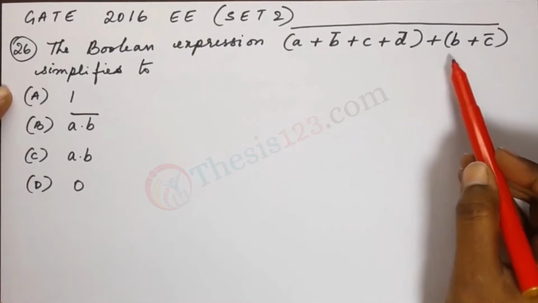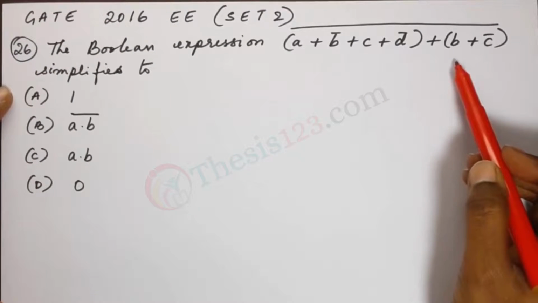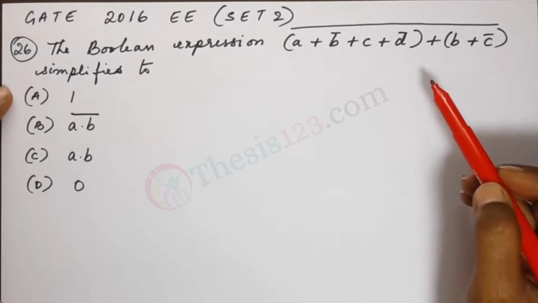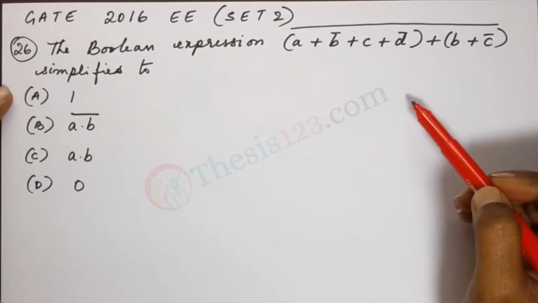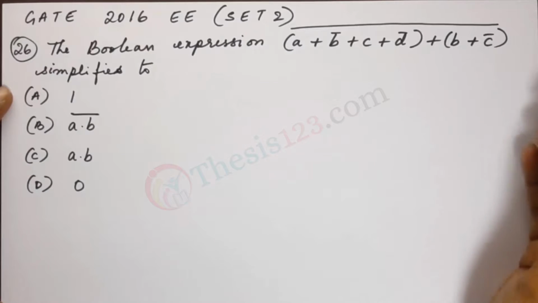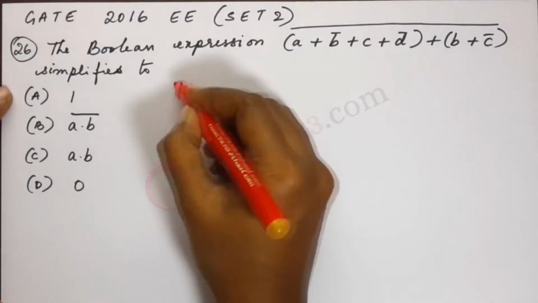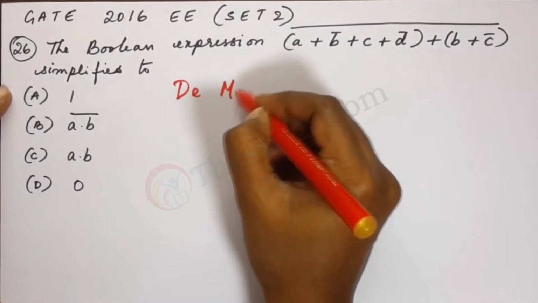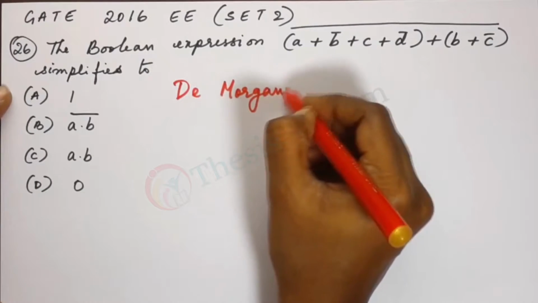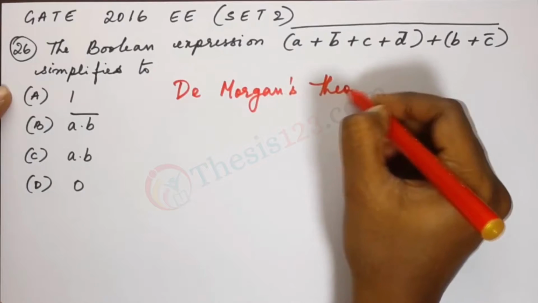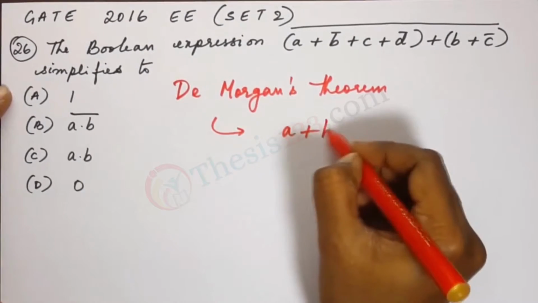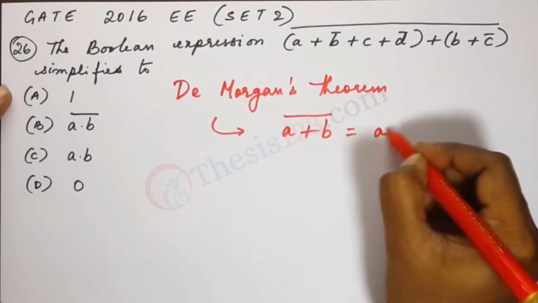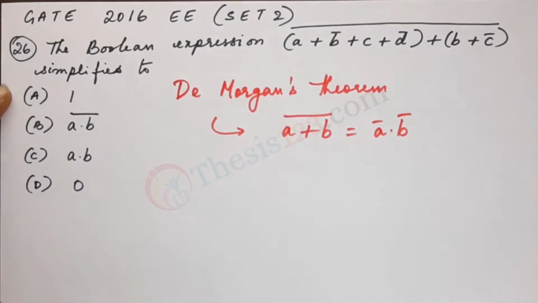So in order to solve this, the best way would be to remember some of the basic formulas. So one of those is De Morgan's theorem. So I'll write that here. De Morgan's theorem, or one of those formulas, is A or B whole bar is equal to A bar and B bar.